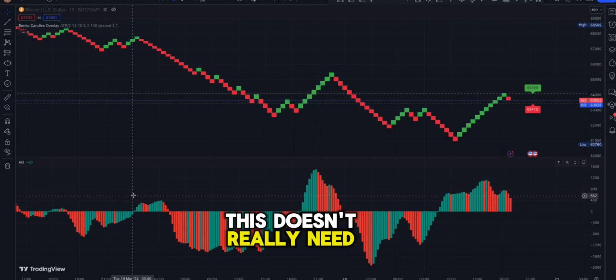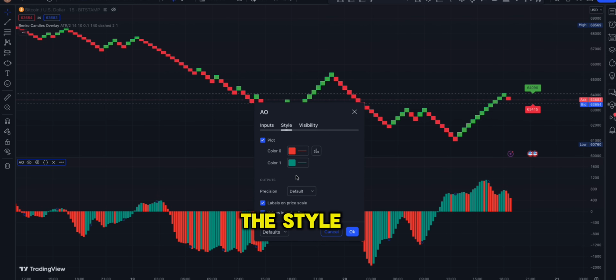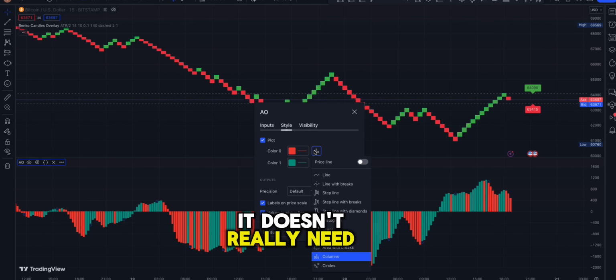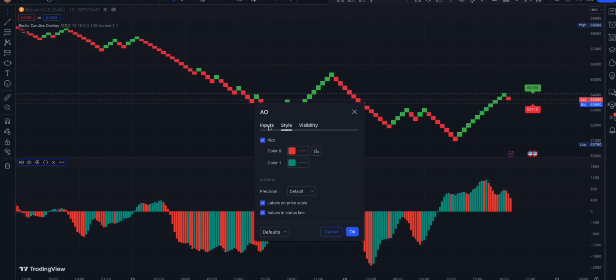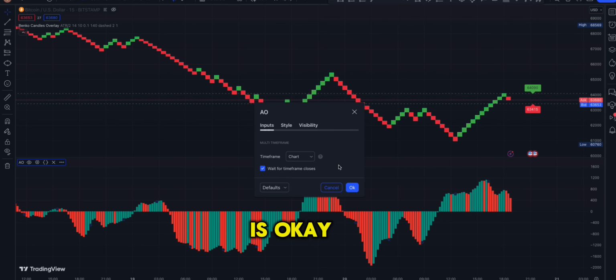This doesn't really need any serious settings. The style is okay. You can tick in the candlesticks if you want. You can leave it just like that. It doesn't really need any serious settings. The inputs, this chart is okay.